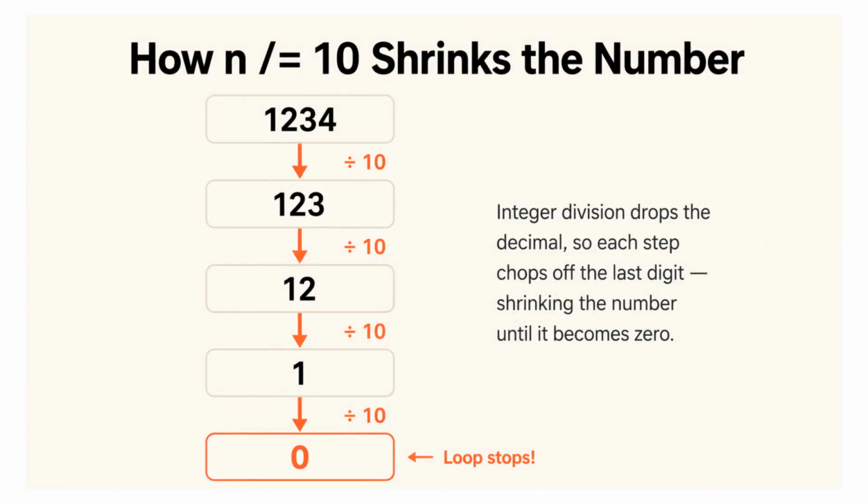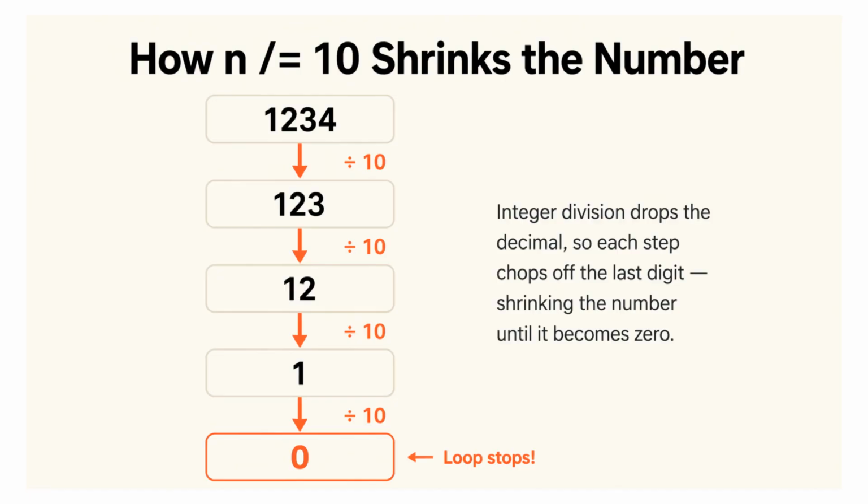Okay, now let's talk about the other side of the trick, how we shrink the number. We do this with n /= 10, which is just a short way of writing n = n / 10. Now, here's the important part. In C, when you divide 2 integers, the decimal part gets thrown away. So 1234 divided by 10 isn't 123.4, it's just 123. The 4 gets chopped off.